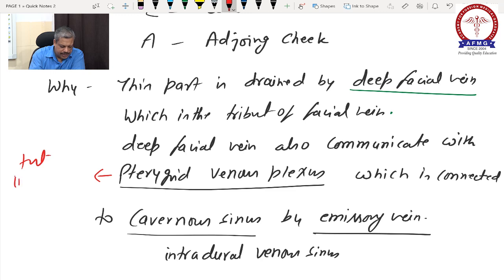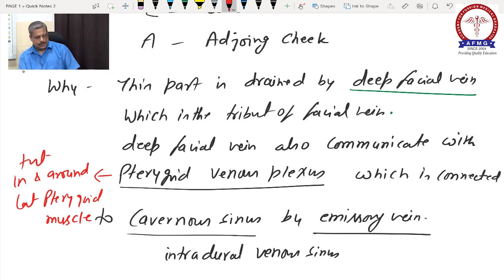It is present in and around the lateral pterygoid muscle.